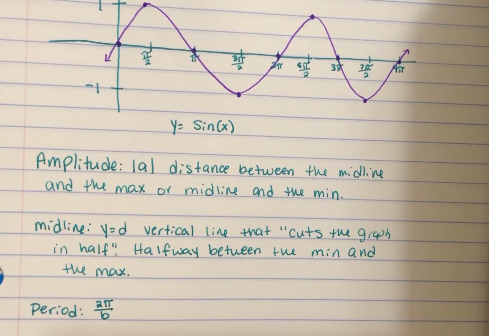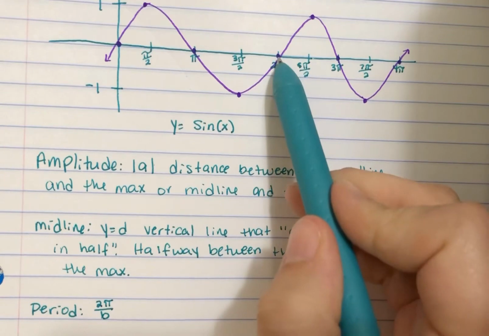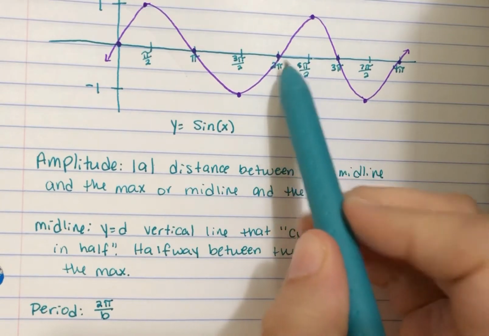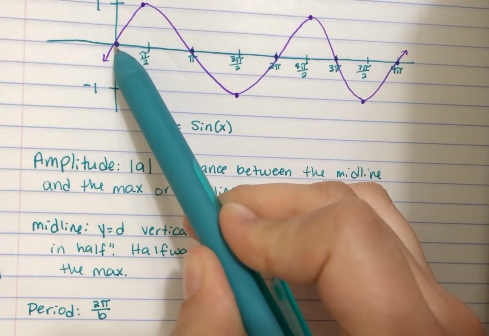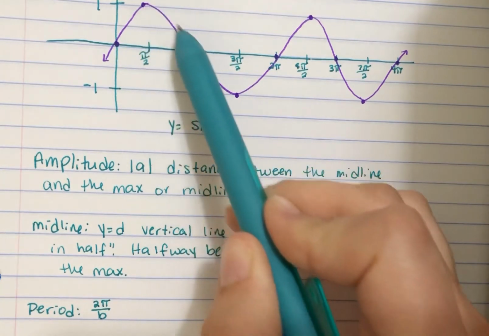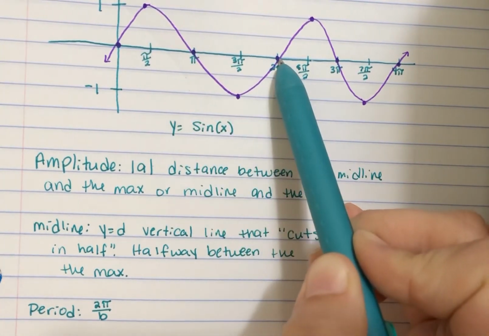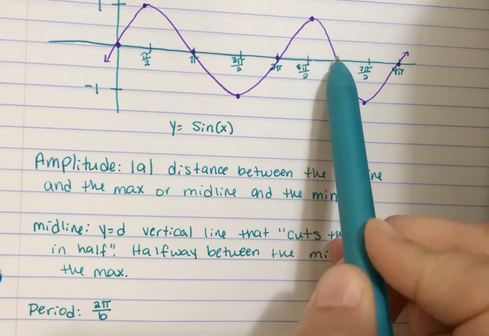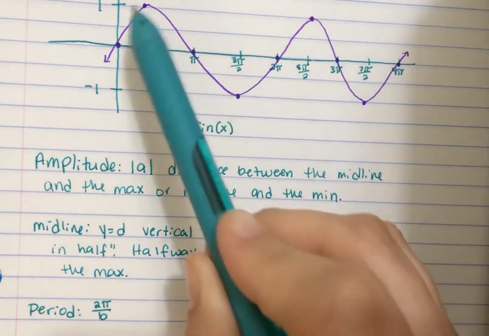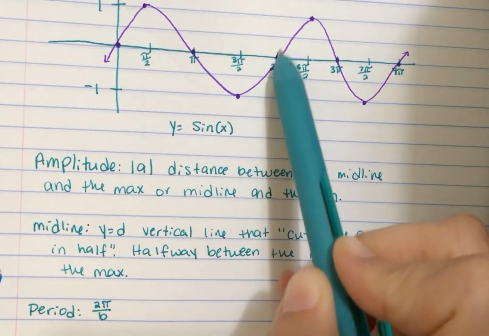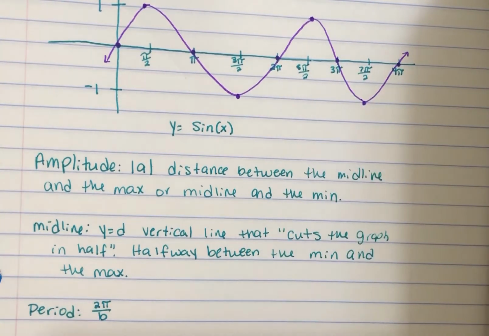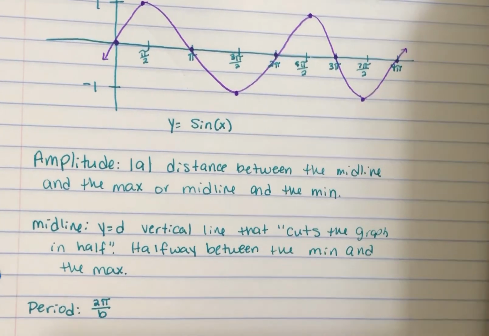So if we look at this graph up top, 2 pi is right here. And we started at our y-intercept of 0. We went 0 to the max, 0 to the min, back to 0. Then we go 0, max, 0, min, 0. So that's the time that it took to make one rotation, the time it takes for it to start repeating itself.